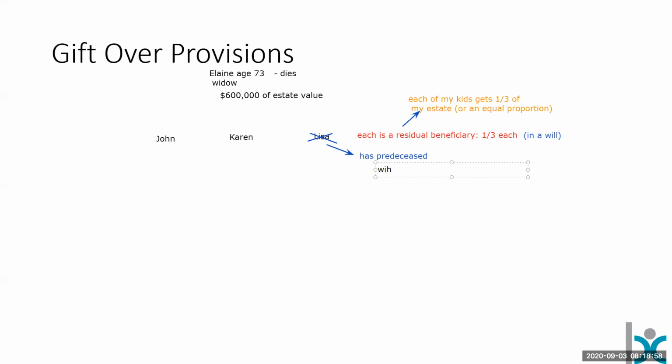With no other language in the will, nothing is left to Lisa. We would say any gift to her would lapse. And lapse, again, is a specific legal term that means a gift that was written in the will does not end up happening. Does that make sense?